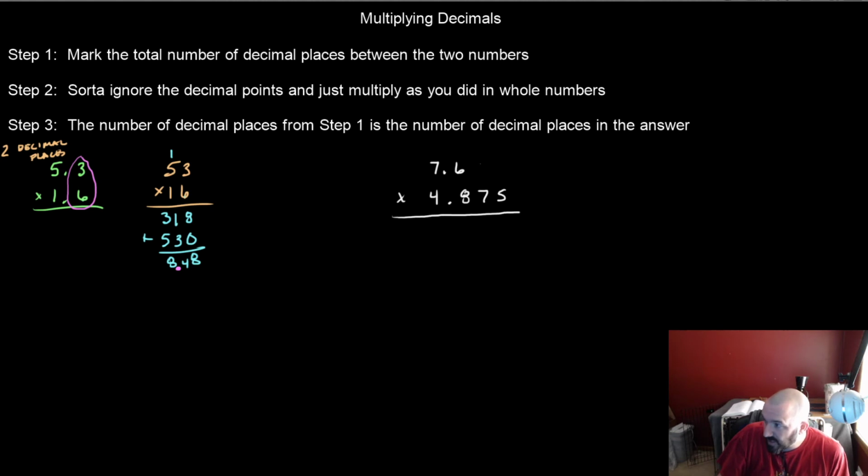I was going to throw zeros here and effectively multiply 7,600 and 4,875, but that might be confusing, so let's not bother with those. If you do, don't worry. Just throw a couple more decimal places on the count, and you'll be fine. We have 1, and 3, for a total of 4 places.